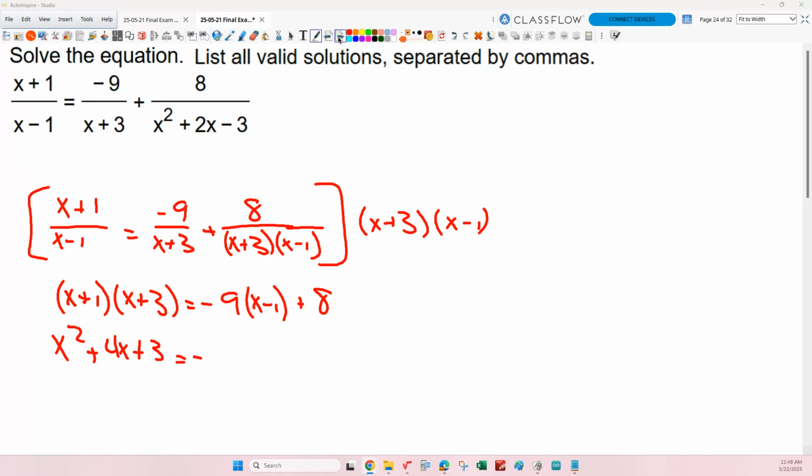And then negative 9x plus 9 plus 8. So 17. Could I put it in standard form? So then I'd get x squared. If I move the negative 9 over, I get what? 13x. And then if I move the positive 17 over, negative 14 equals 0.